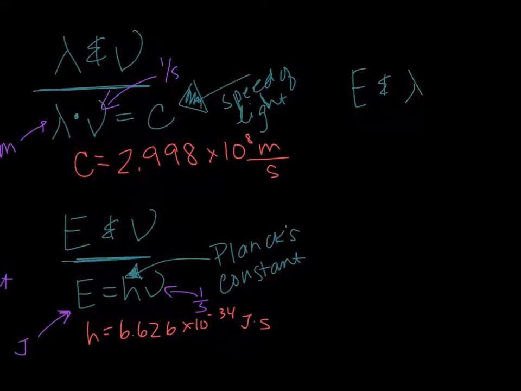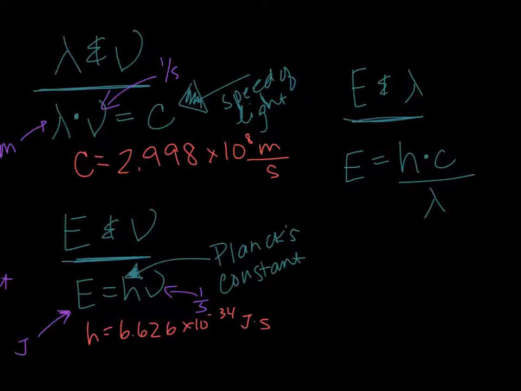So the equation is E is equal to H times C divided by the wavelength. Your H is going to be the same because it's a constant, and the speed of light is going to be the same because it's constant. So you have to make sure that your wavelength is in meters and your energy is in joules.